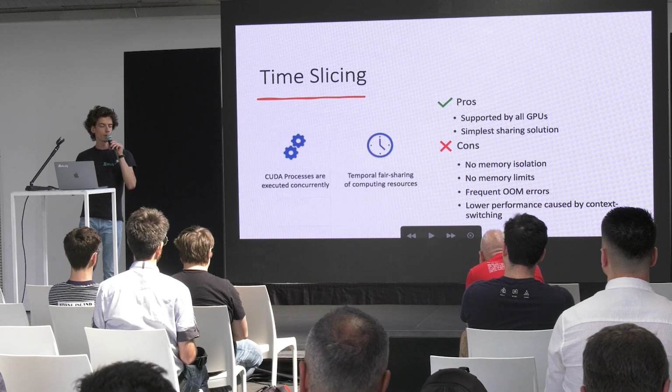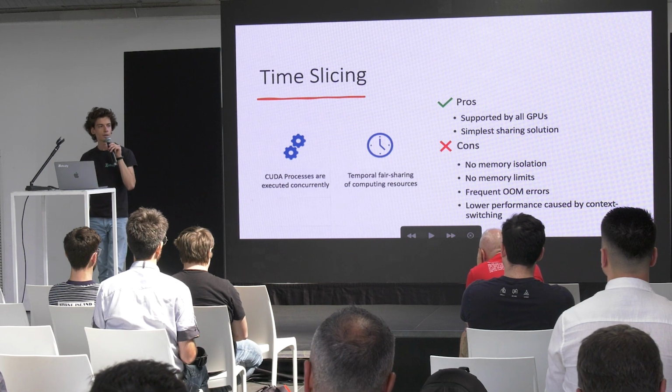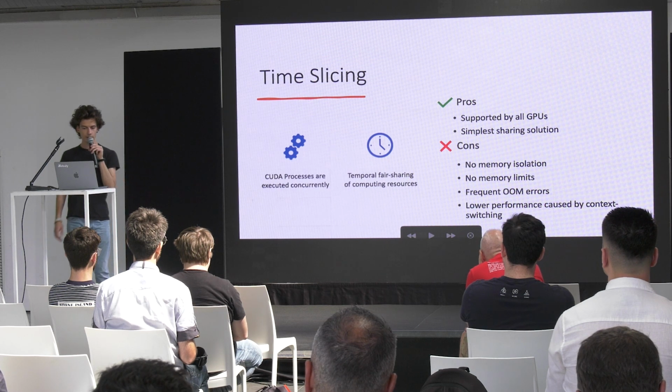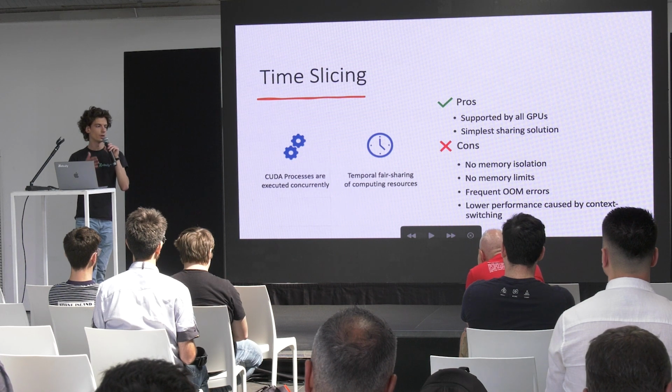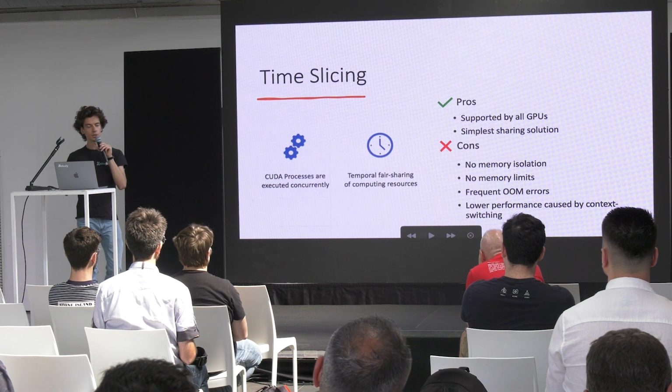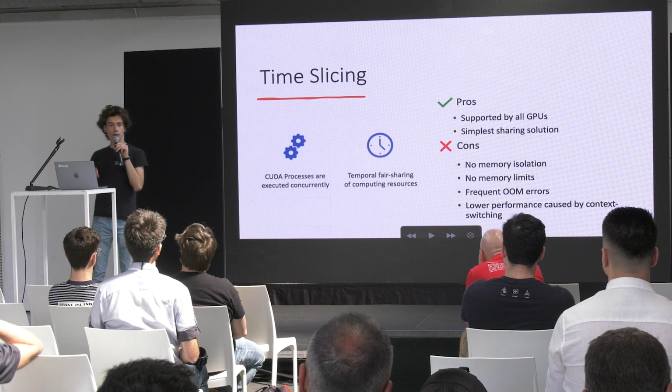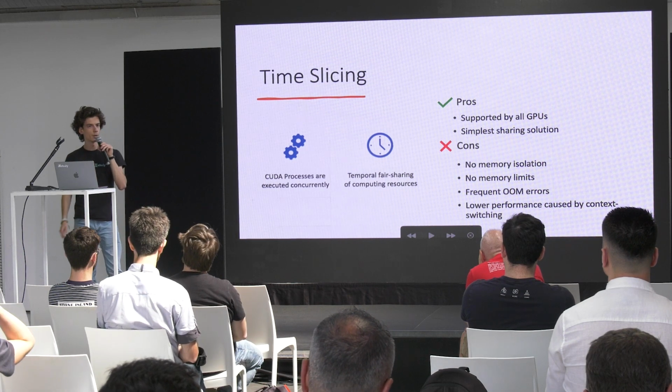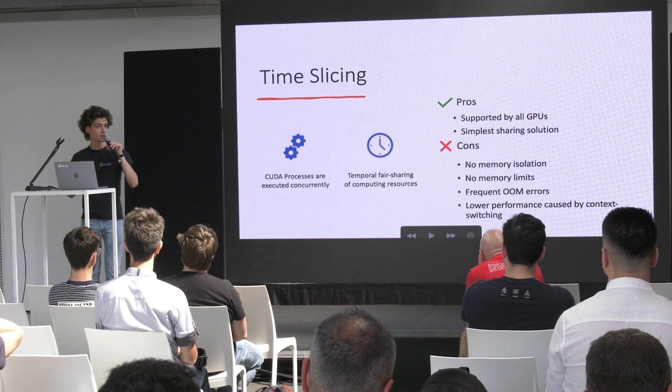And also, if a process crashes with a memory error, it can tear down other processes. So this is a very critical downside. And also you have lower performance because the context switches of the GPU have overhead, which negatively affects the performance of the processes running on the GPU.